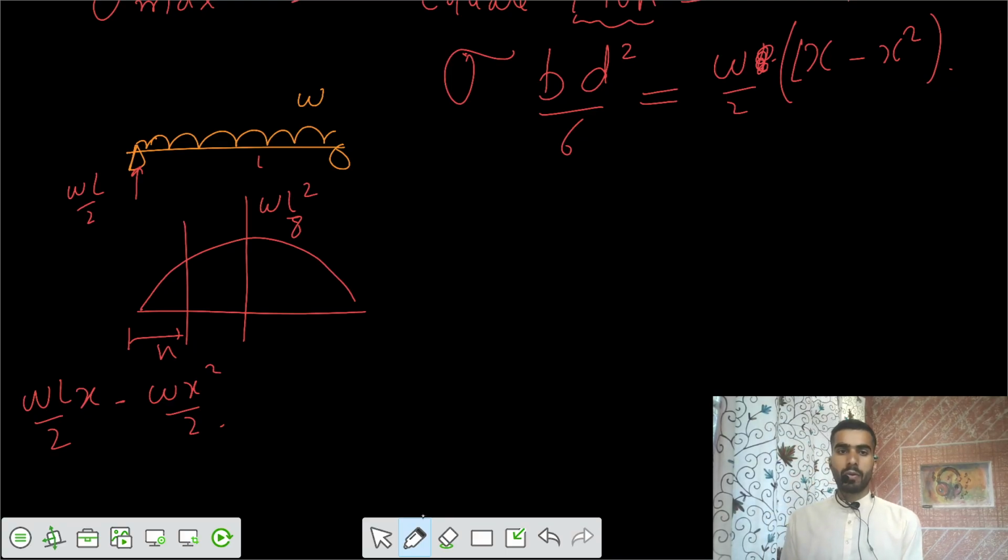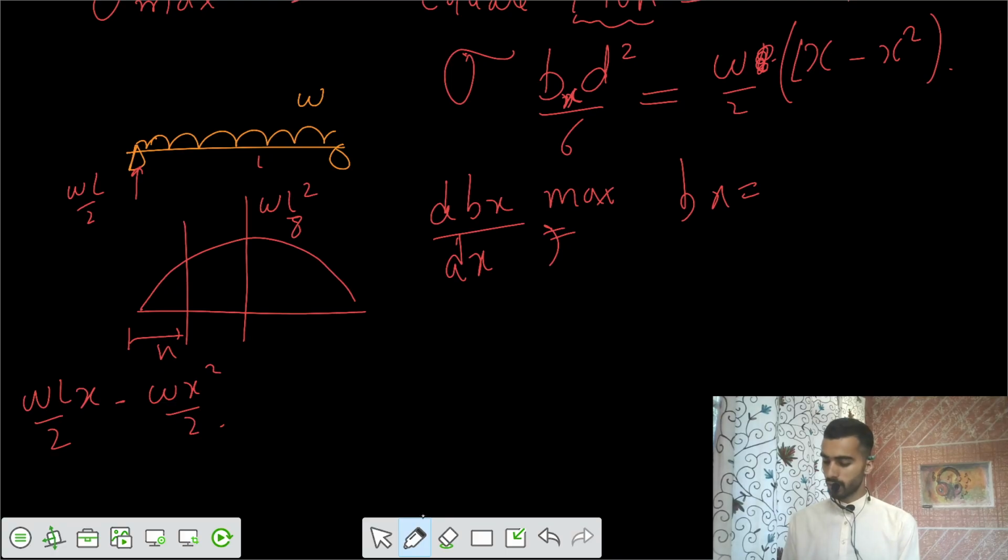Then I should keep b as fixed. If you keep b as variable, then we want bx to be minimum, and we differentiate it with x, and you get a value of bx equals to 3wx square by bx dx square.